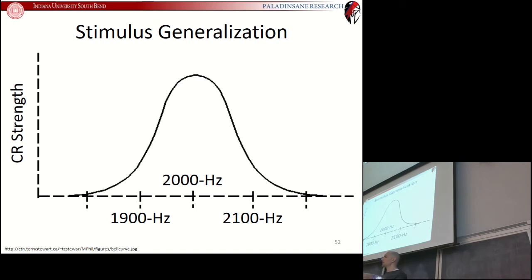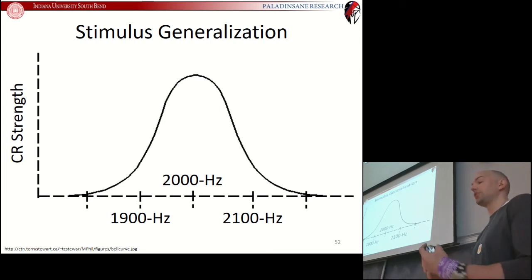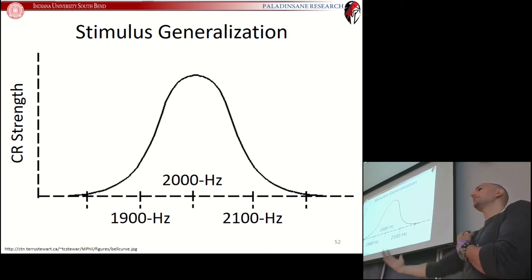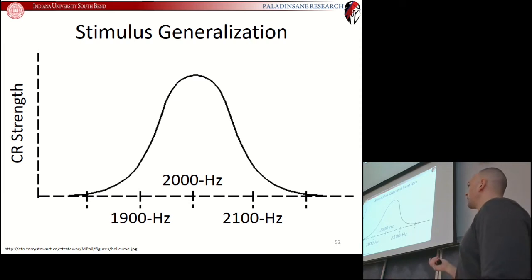To a lesser degree, but they'll still cause salivation. So that is stimulus generalization. Basically, you generalize across different stimuli because they're like the original stimulus that you got trained on. Any questions so far on the basic idea?